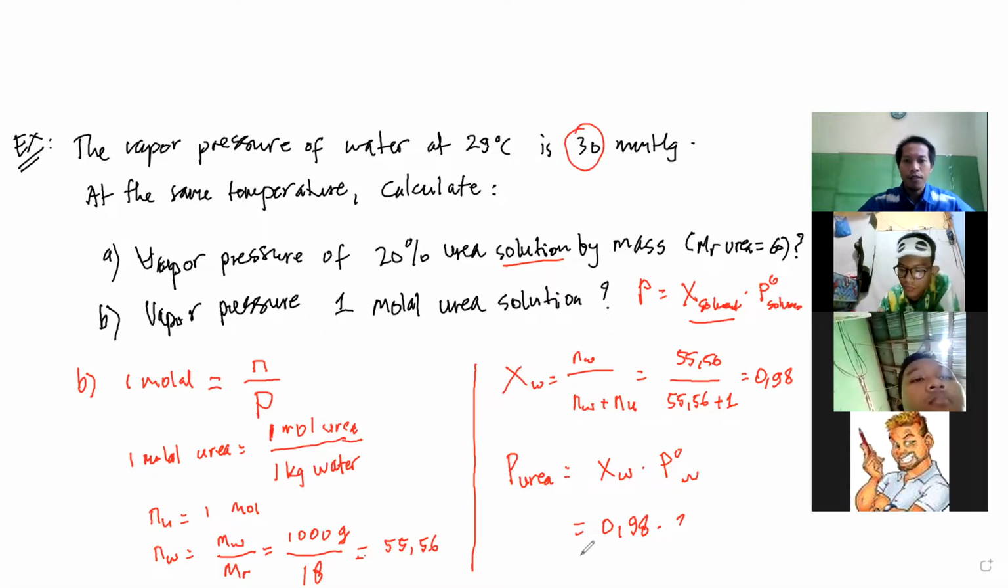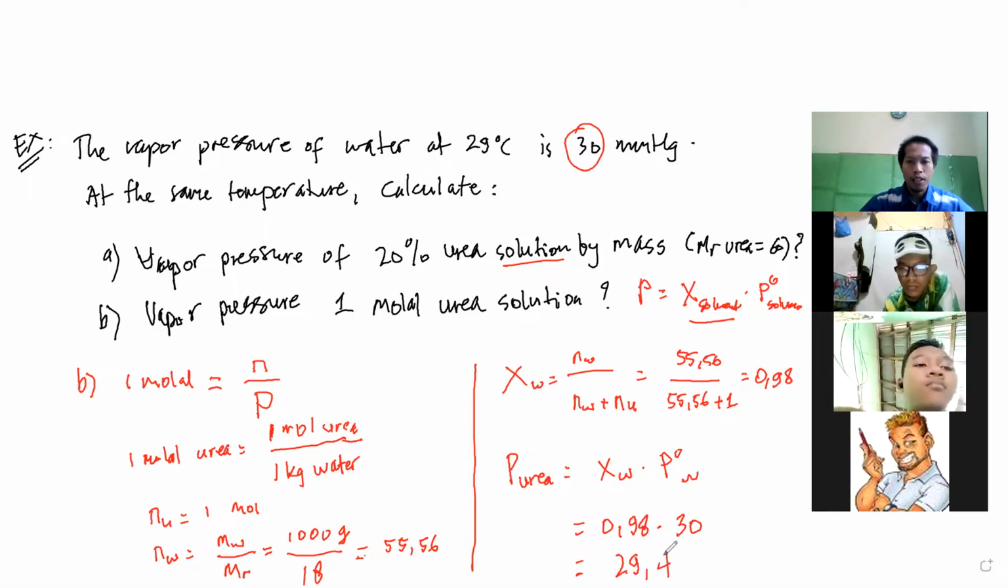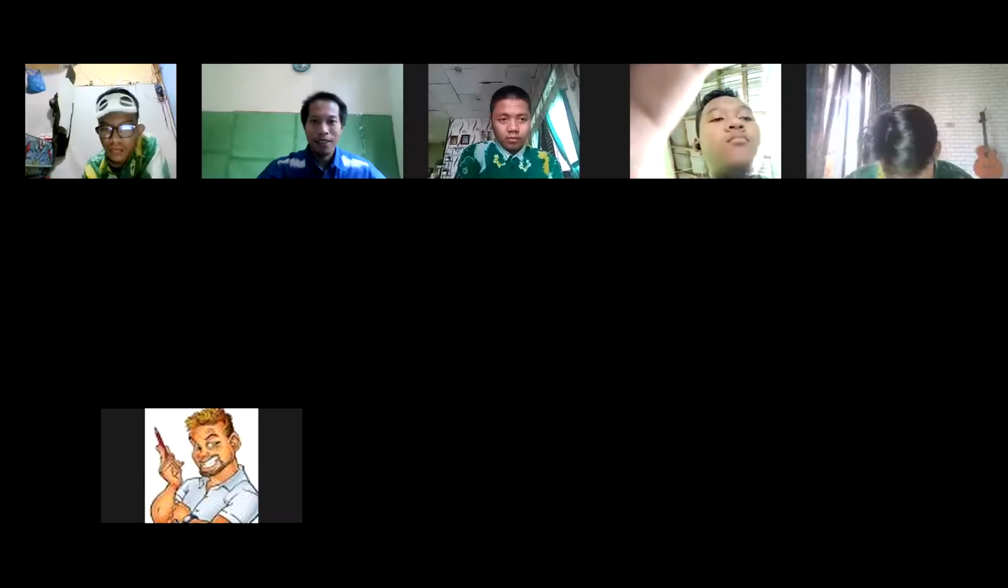When you calculate this one, 0.98 times 30, you will get 29.47. Sorry, at the last, yeah, I lost my connection, but the answer is 29.47 millimeter mercury.